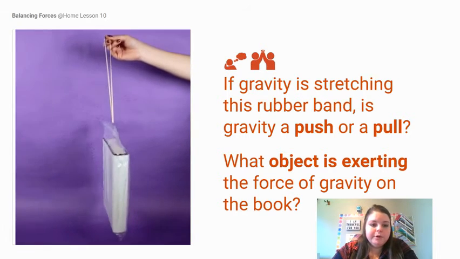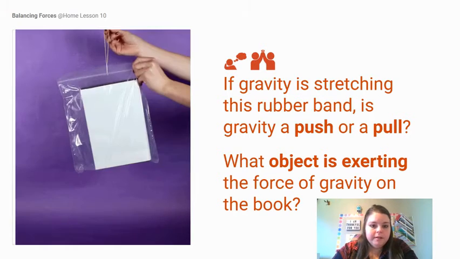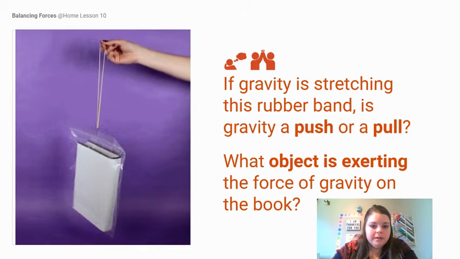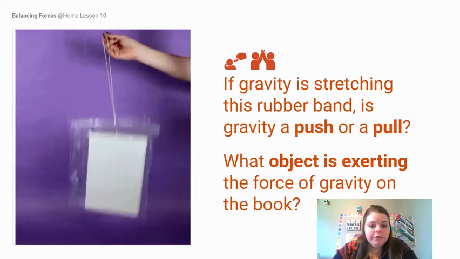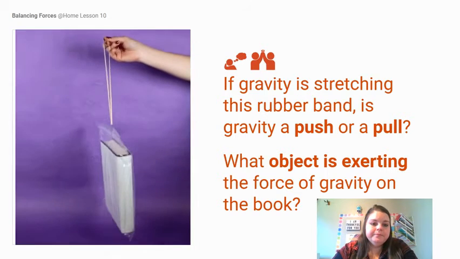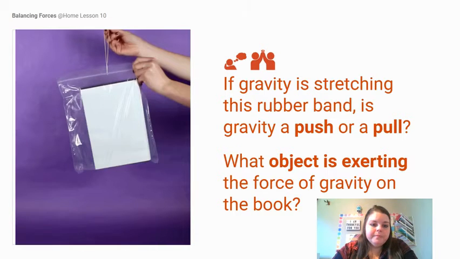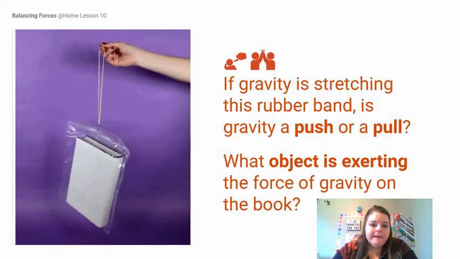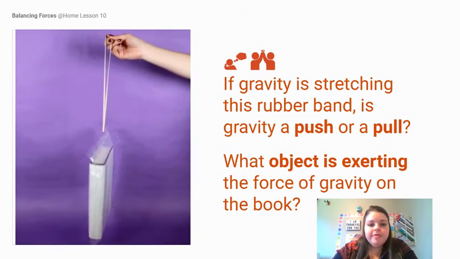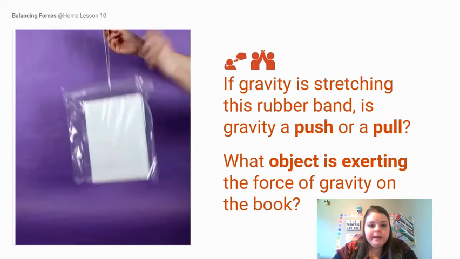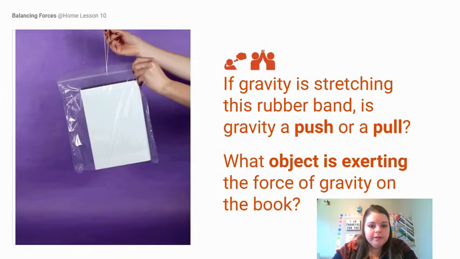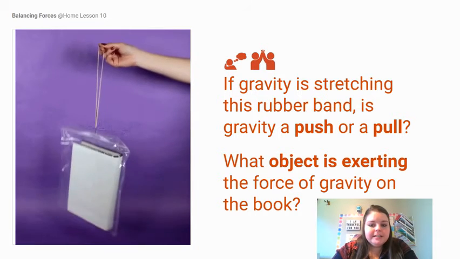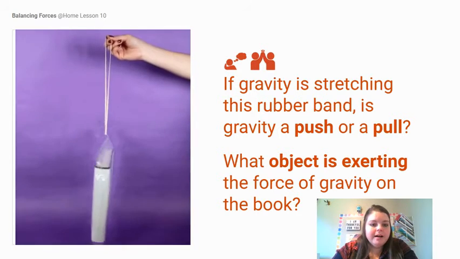So is gravity a push or a pull? And second of all, what object is exerting the force of gravity on the book? All right, pause the video now and think about your answers to those questions and say them out loud to your partner. Is gravity a push or a pull? And what object is exerting the force of gravity onto the book?